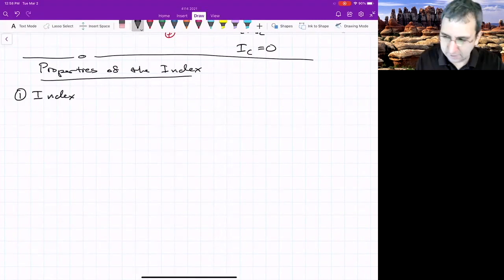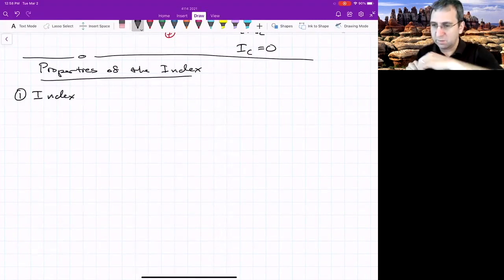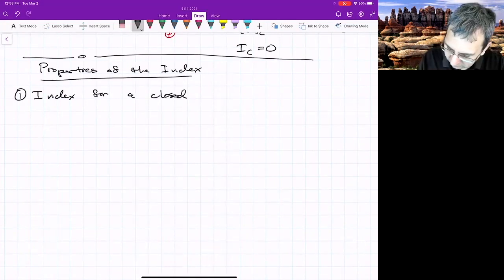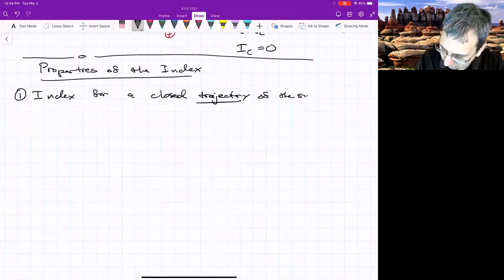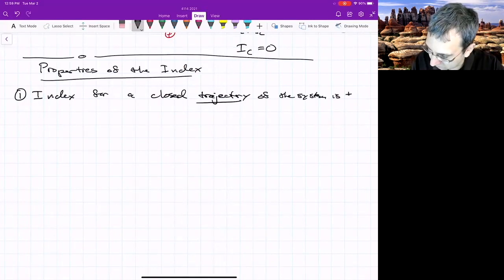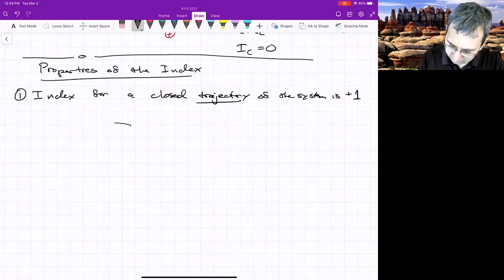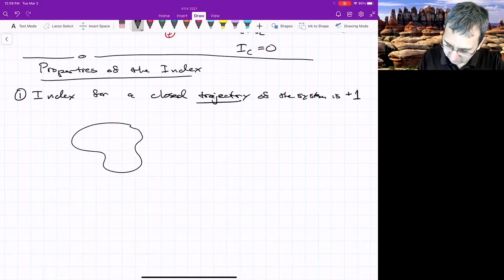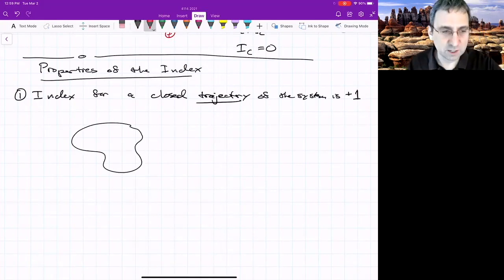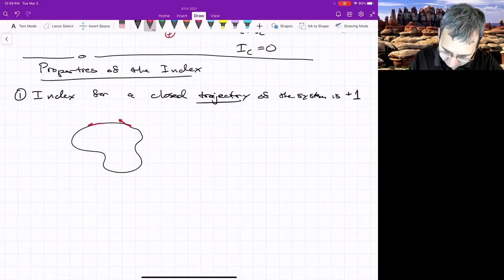Property 1. You might be wondering, what if my closed curve is actually a trajectory of the system? So the index for a closed trajectory of the system is +1. If you think about it, let me draw just some random looking shape. For this to be a closed trajectory, that means at every point along the trajectory, the vector field is tangent to the trajectory, no matter how many twists and turns it does.